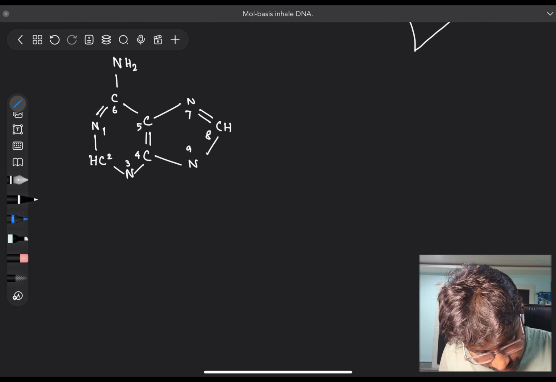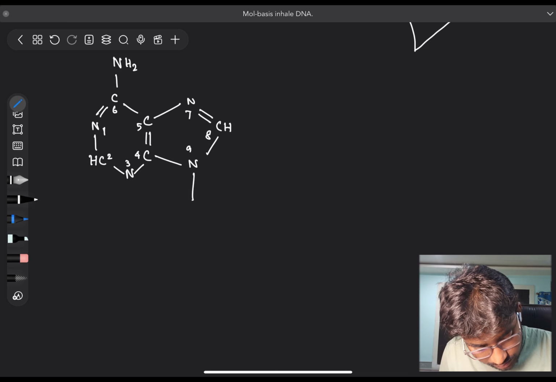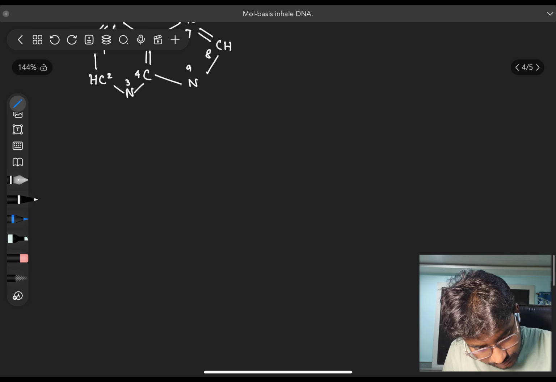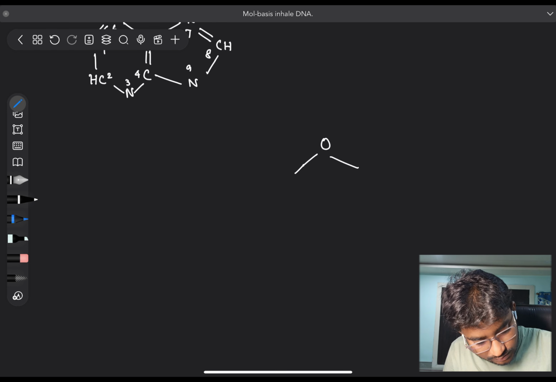Yes, this carbon, this nitrogen. Here I have to draw one pentose sugar, with oxygen. This is the pentose sugar.